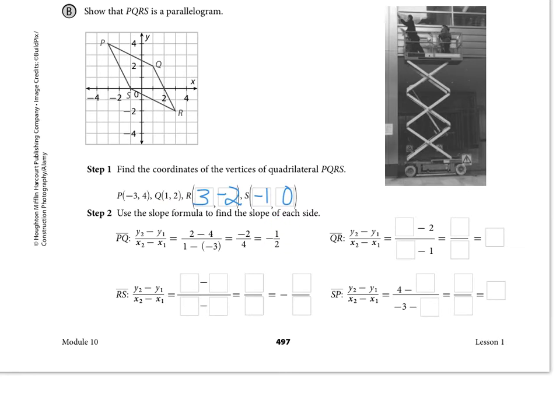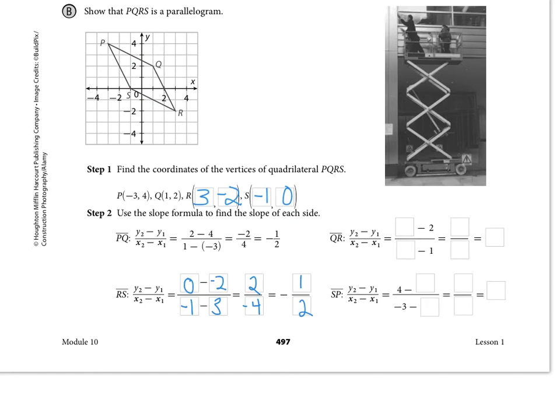And we want to compare PQ to SR or RS below it, so we'll go ahead and fill those in, and that's going to be 0 minus -2 over -1 minus 3, and we get a positive 2 over -4, which is also -1/2.